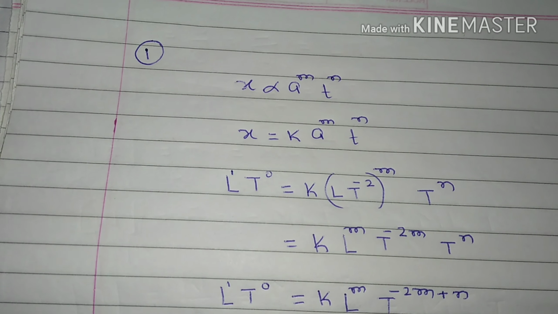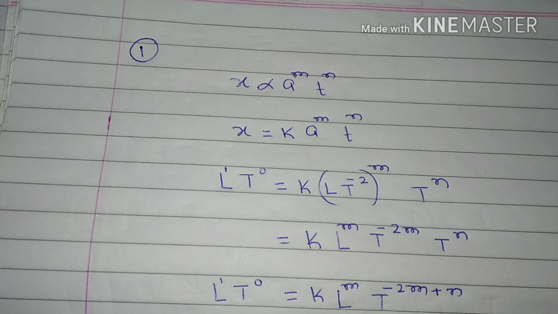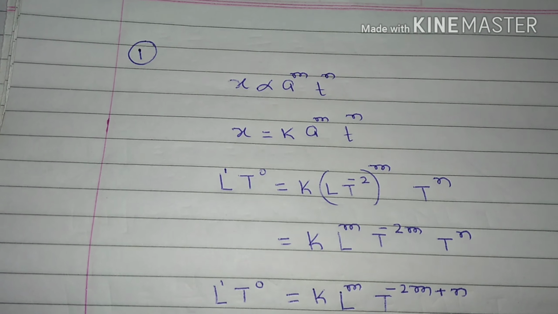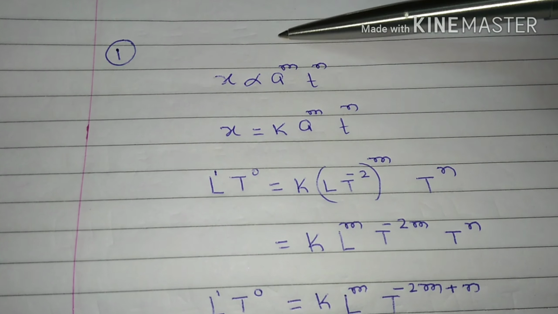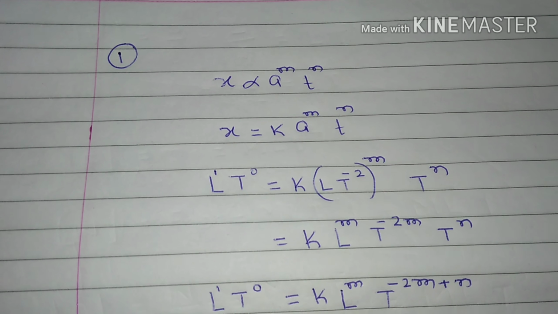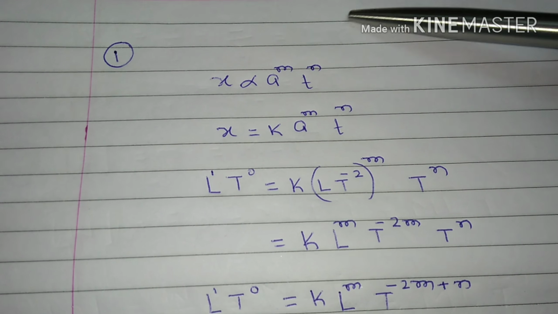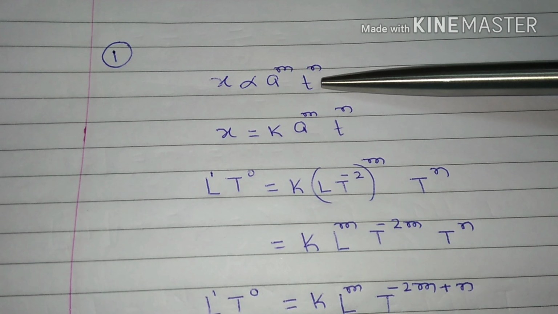Okay, now we'll see some relation between the displacement, acceleration and time. See here, this is one of the example. This is x, the position of the particle, proportional to a^m and t^n.